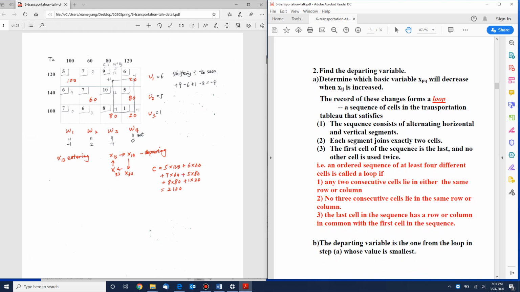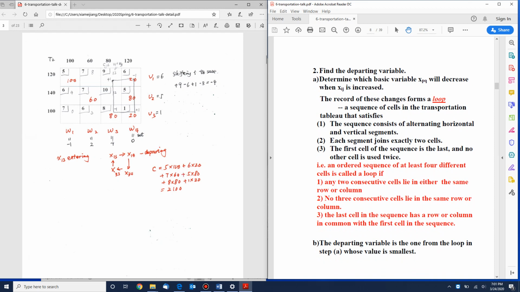Okay, and you probably say, what if I want to go from cell 34 to cell 24, and then you turn to cell 22.